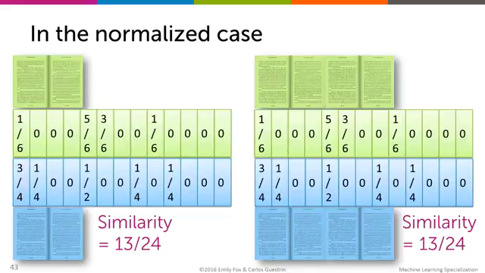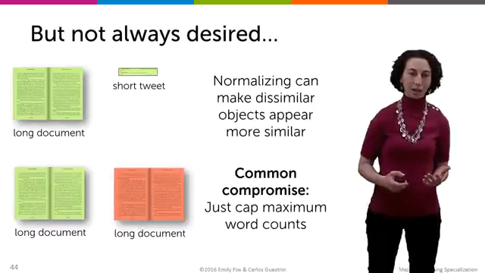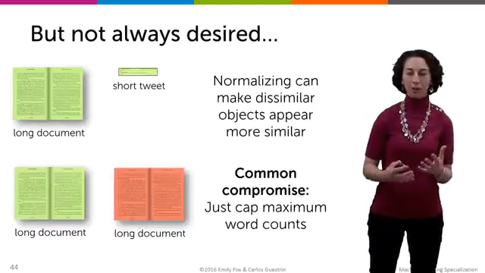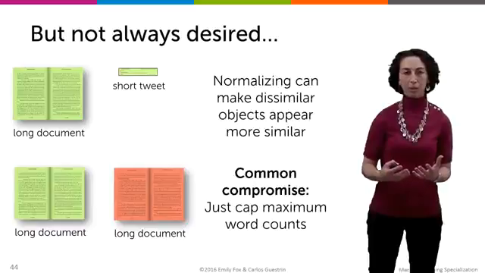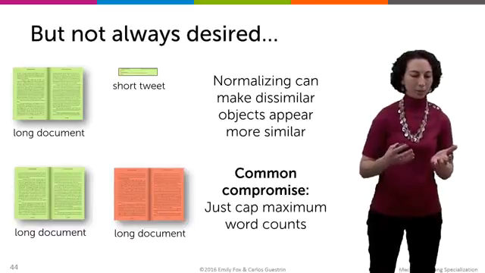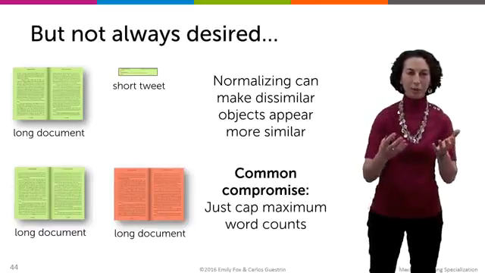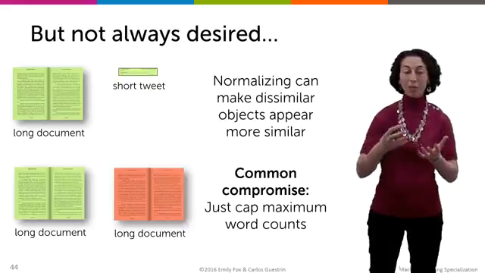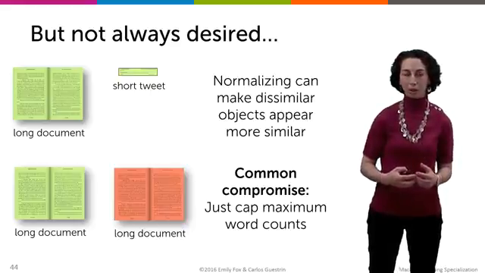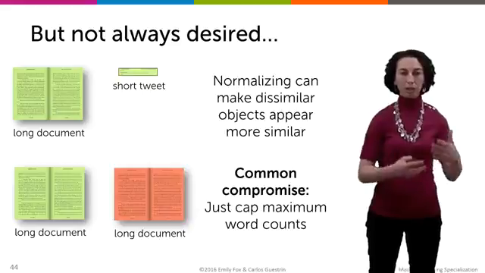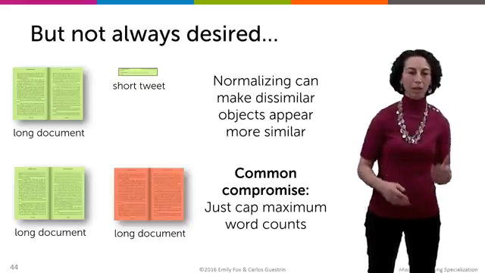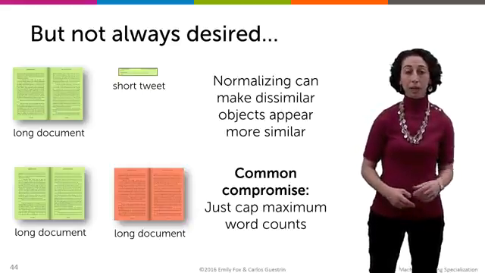So on the one hand, that seems really appealing, but it's not something that's always desired. We don't always want to be invariant to the length of the document, because what that's doing is it might be taking really dissimilar objects and making them look more similar than they really are. So for example, let's say we're reading a really long document. This is maybe some article that appeared in the Atlantic.